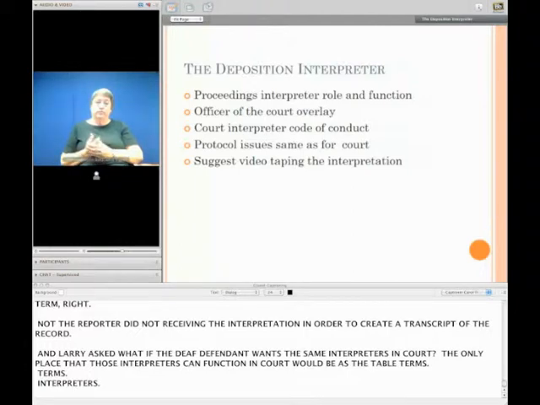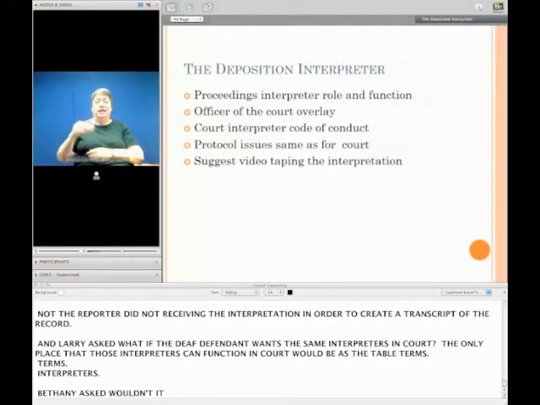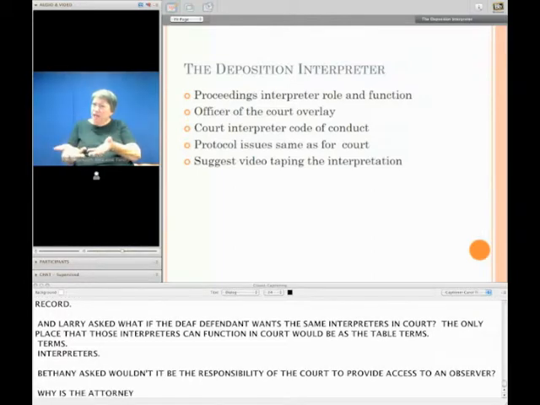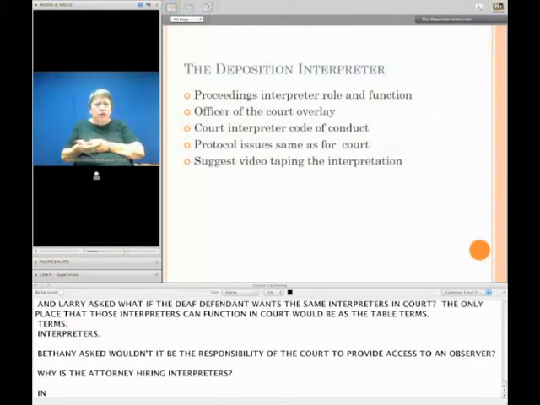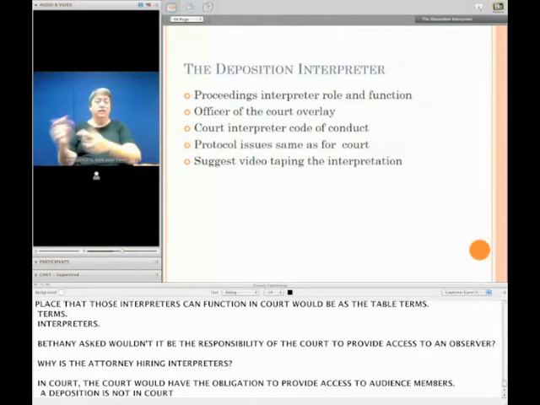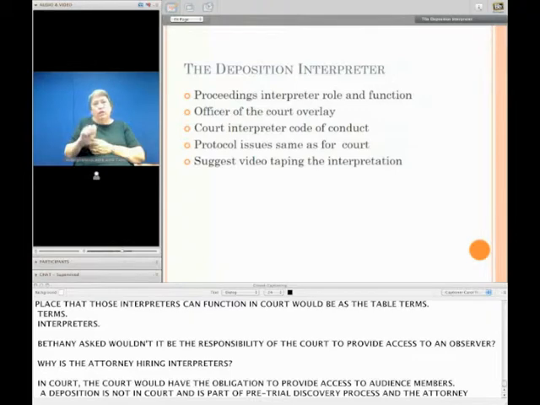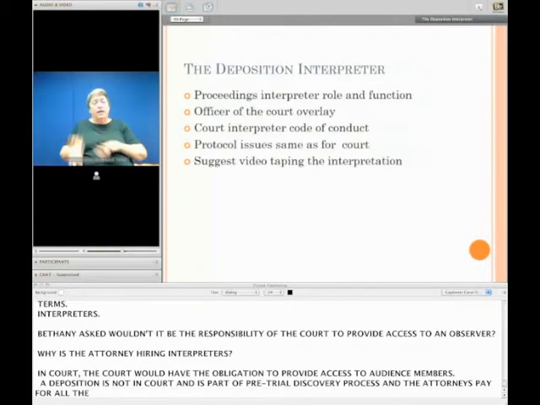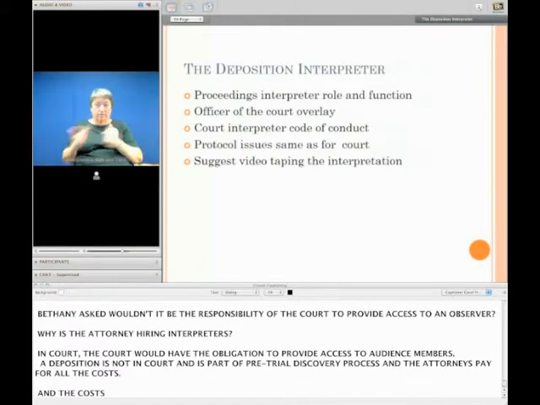Bethany asks, wouldn't it be the responsibility of the court to provide access to an observer? Why is the attorney hiring interpreters? In court, the court would have the obligation to provide access to audience members. A deposition is not in court. It is part of the pretrial discovery process, and the attorneys pay for all the costs. And the costs include court reporters' fees.